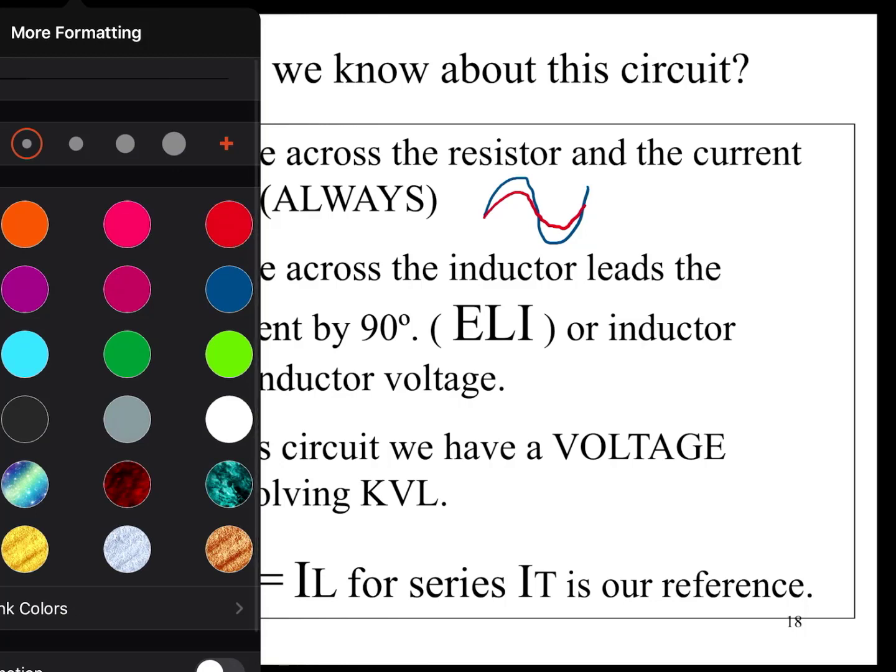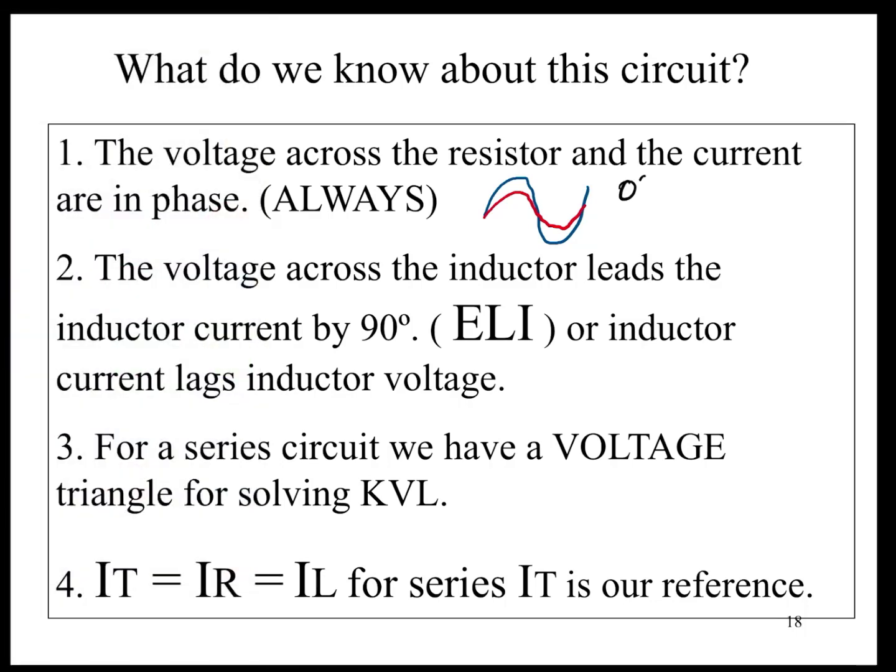So that's a 0-degree phase angle. And they're always in phase, and we'll never change that. So when it comes to any resistors in an AC circuit, we can always say their voltage, VR, and IR are in phase.